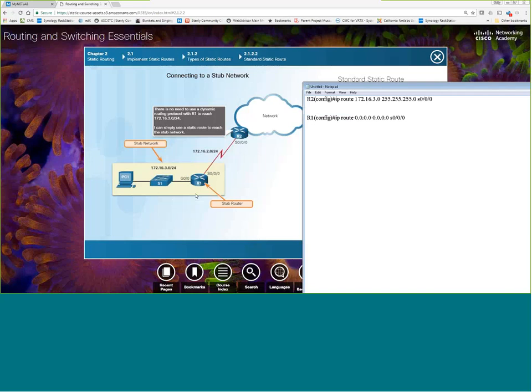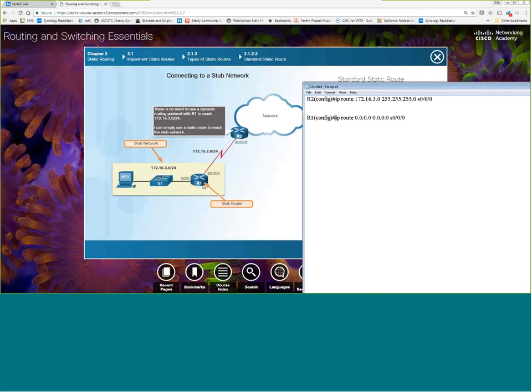Let me ask you this: how many connected routes would R1 have on it? Just 2, the serial 0 and the G0/0. That is correct. It would have 2 connected routes. How many connected routes will R2 have on it? Well, for just the serial link, I just see 1.